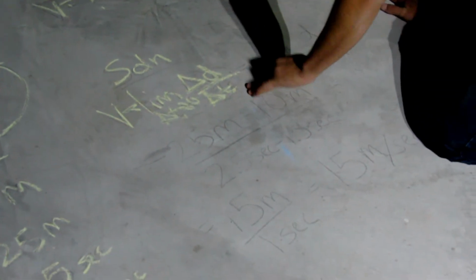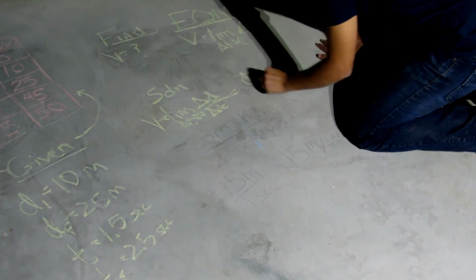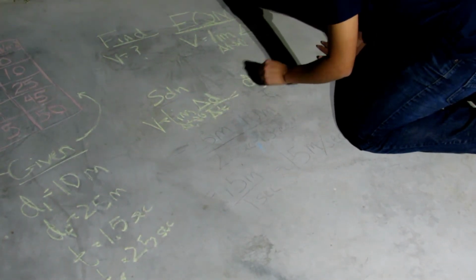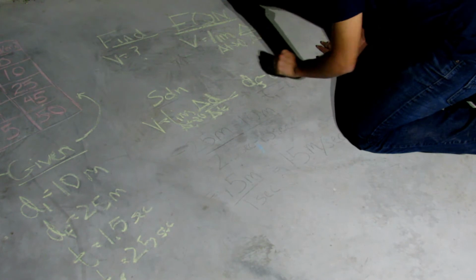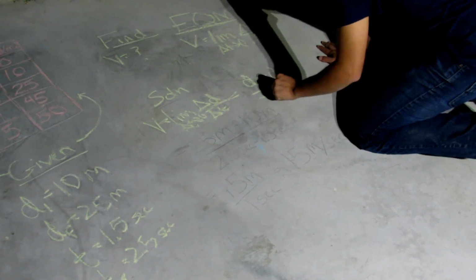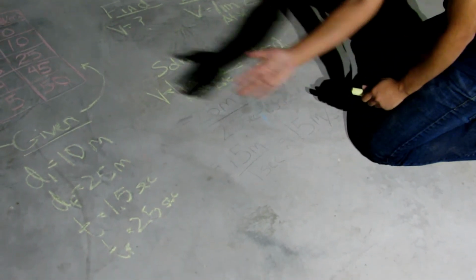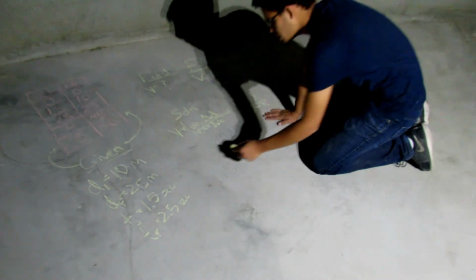So this equation changes into final displacement 2 minus initial displacement divided by final time minus initial time. And so now let's plug these values into this equation.